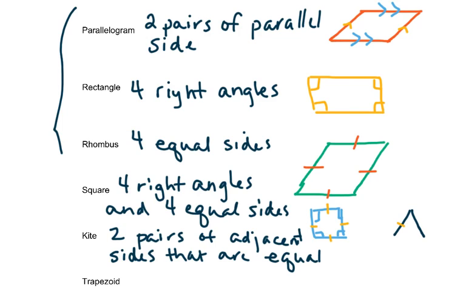So I'm going to mark those like that. And then two other adjacent sides that are also the same length as each other. So these are different lengths, so I'm going to put two markings here. Again, the markings show that the ones with two markings are equal in length and the ones with one marking are equal in length. And that is what a kite is.